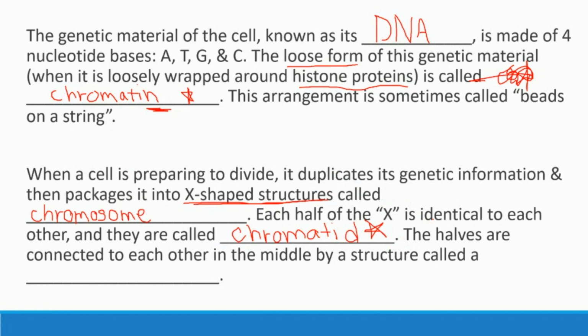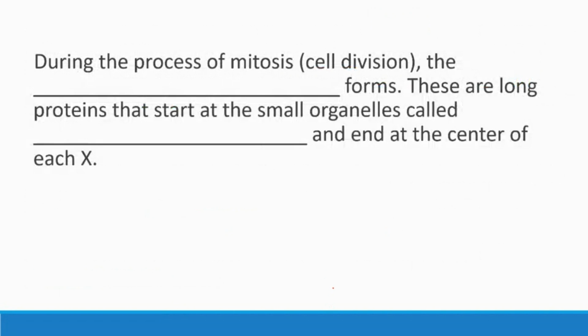So we've got 2 chromatids that are held together in the middle with that middle structure we labeled, called a centromere. Centromere because it's in the center of a chromosome. And remember, there are two jobs of that centromere. Job number one is to hold the chromatids together. Job number two is to help out with the process of mitosis.